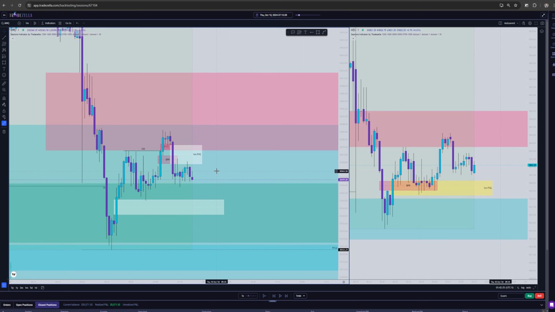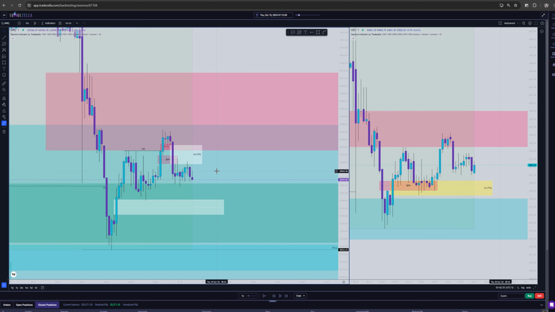another inverse fair value gap right here, which is also a BPR, right? So inverse fair value gap, we have two of them from here to here. Actually I'm going to change this into the BPR.